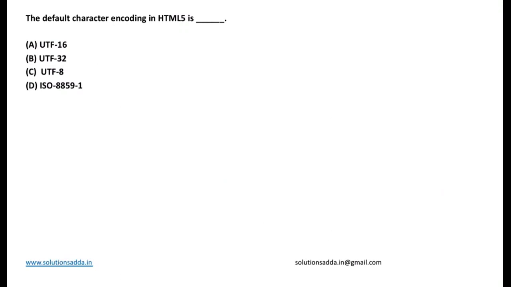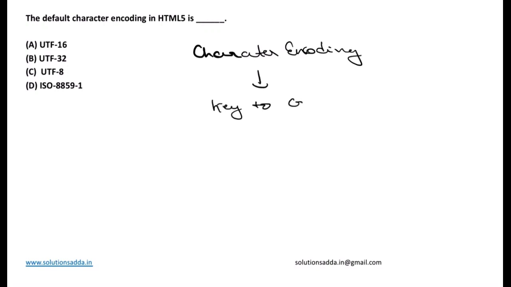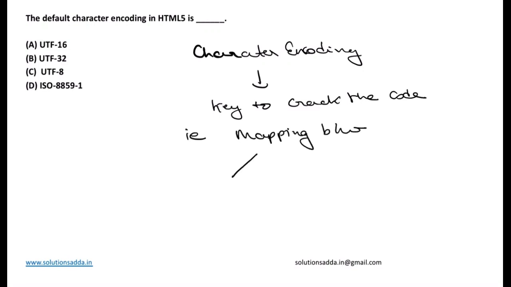This is a question from HTML. The default character encoding in HTML5 is UTF-16, UTF-32, UTF-8, ISO 8859-1. So what is character encoding? Character encoding is key to crack the code, i.e. it's a mapping between bytes in your computer to characters in character set.